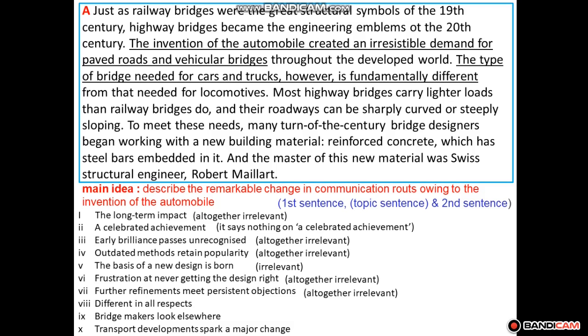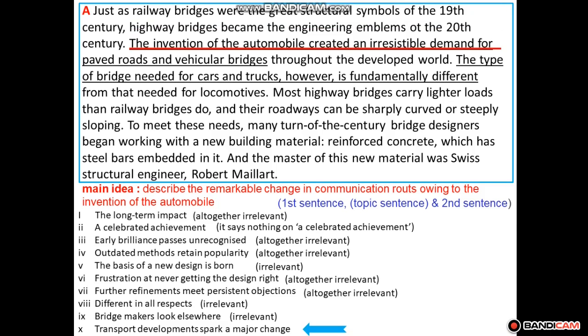So you will be going through all these while you are working on it, and you will come to know which one is not required. And then the eighth one is also irrelevant. So you will be narrowing down your search like this, okay? And then the ninth one is irrelevant, but the last one is relevant. That's the heading that matches: transport development spark a major change, okay?